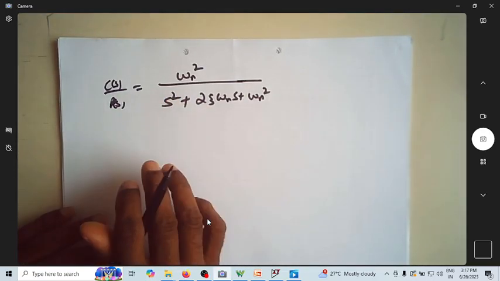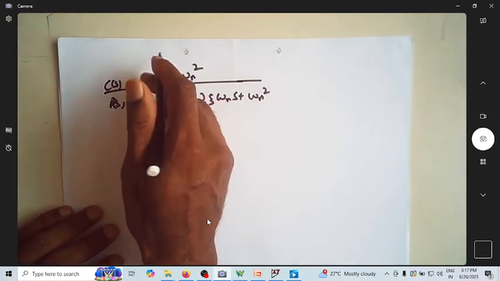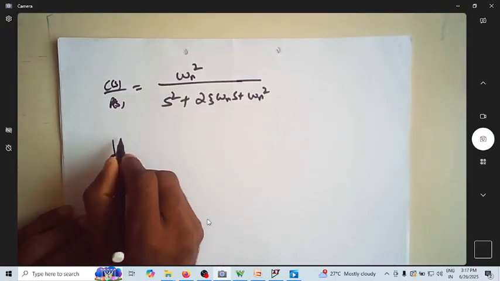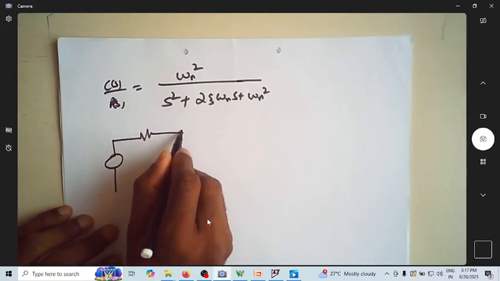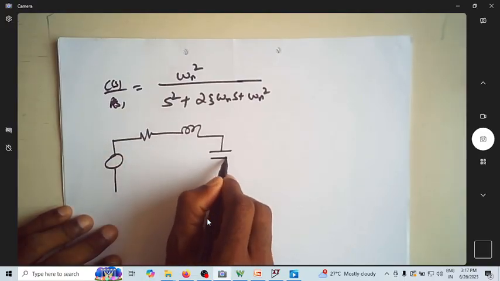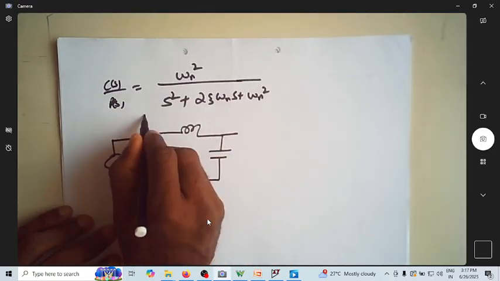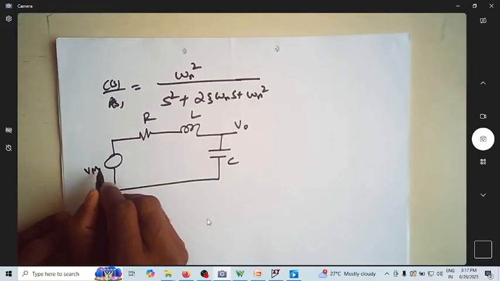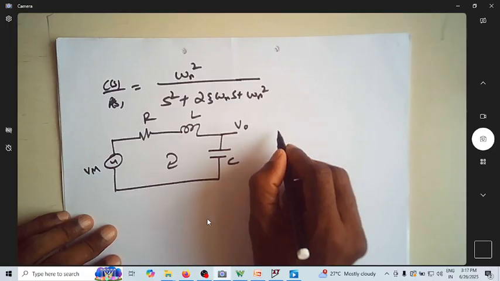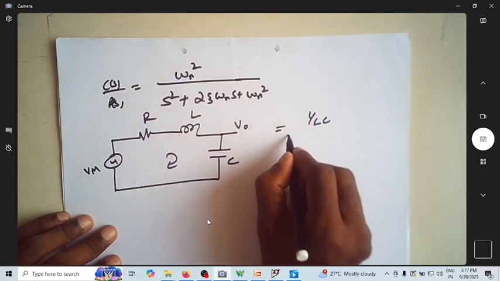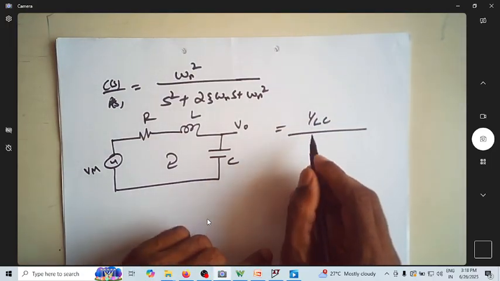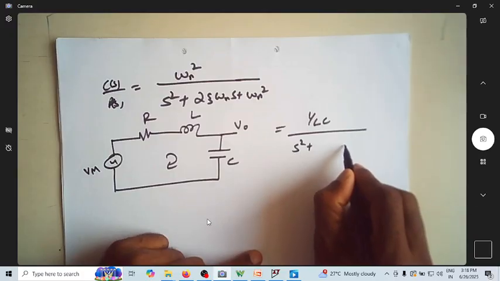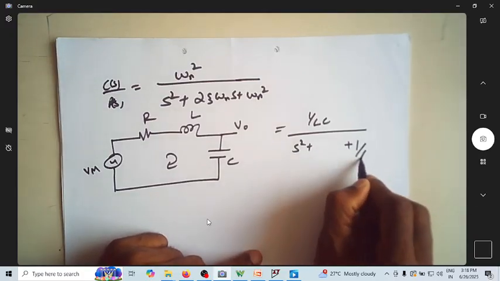Now, of course, this can be realized using an RLC circuit, something like this. You can have R here, L here, a capacitor like this. So this is R, L, C. This is V naught, this is V in. So you can actually get 1 over LC by S square plus, if I'm not wrong, S R by L plus 1 over LC.